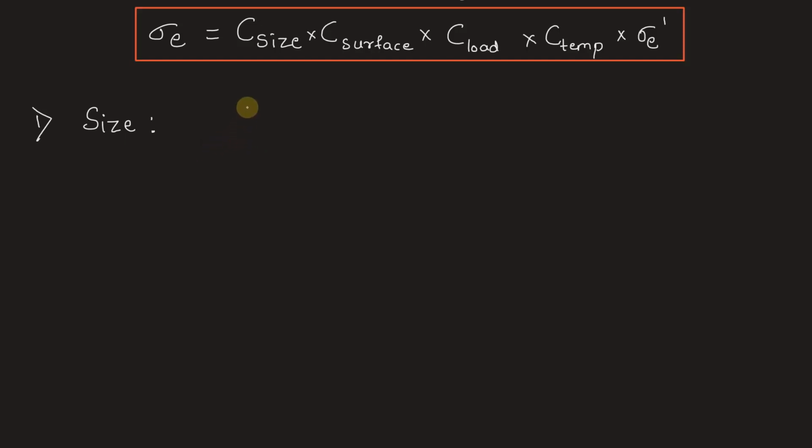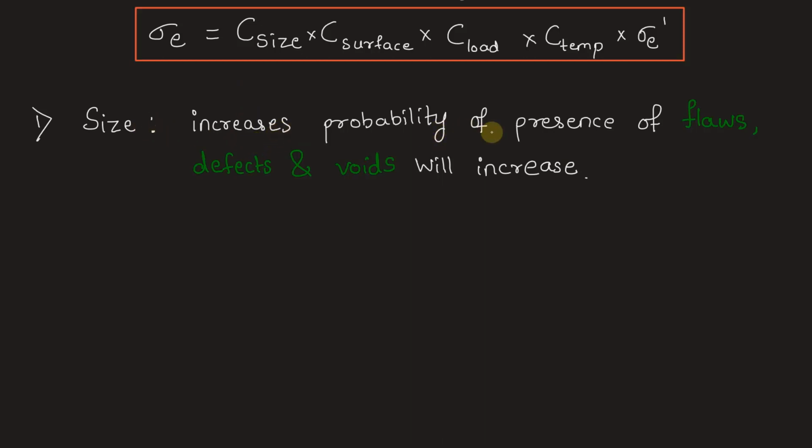So as size increases, the probability of presence of flaws, defects and voids increases, and as these increase, the strength of that material is going to reduce. Let's look at another factor, surface roughness.